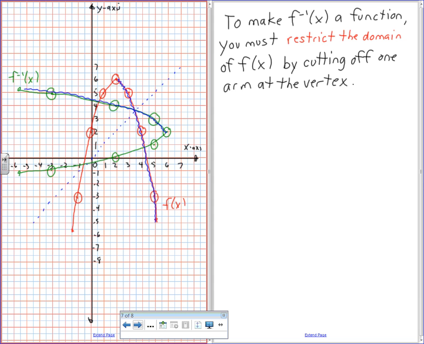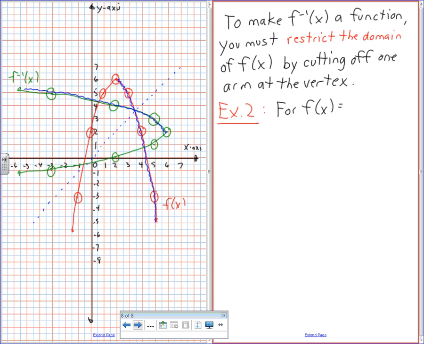Here we go. Example 2. F of x equals negative 3x squared plus 12x minus 8. A is going to say graph f of x and f inverse of x.